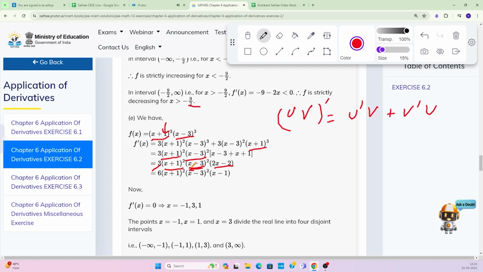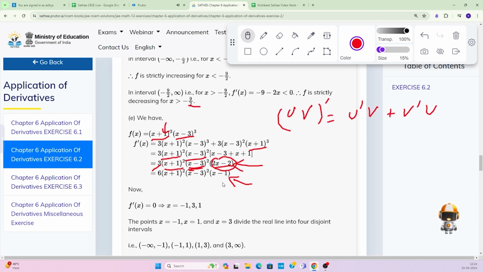So this whole output is going to be positive. The only thing we have is 2x minus 2. So the f prime x sign will only depend on this expression, or if you simplify it further, on x minus 1.